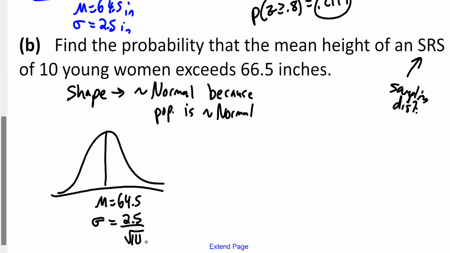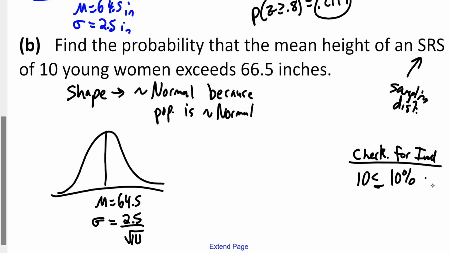Before I find that sigma, do we know, are they independent? Did it list that? I don't believe so. So check for independence as well. Is 10 less than or equal to 10% of all young women?